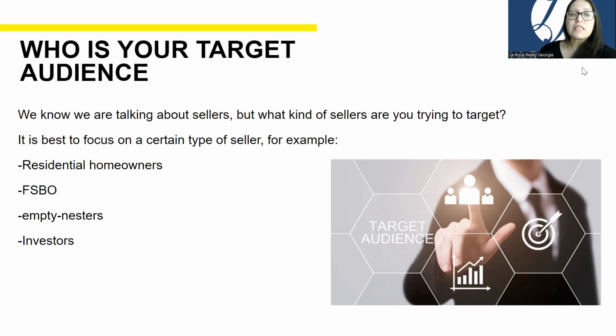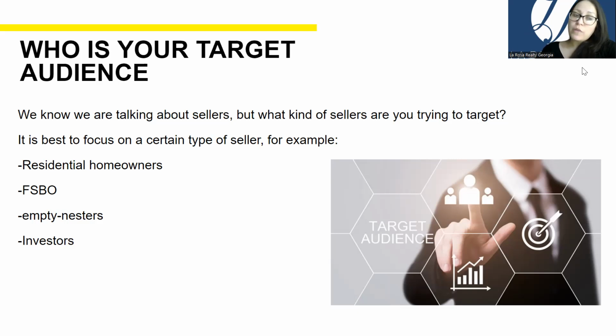Another type of sellers are investors, and this is a whole different type of sellers. Investors are business people. They invest in real estate. They have a lot of knowledge in what they do, but there's some stuff that they're not qualified to do, and that's where you come in, which means that you can provide them with information that they are definitely going to be interested in.